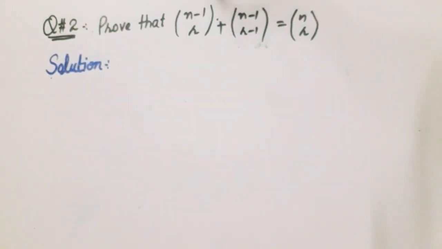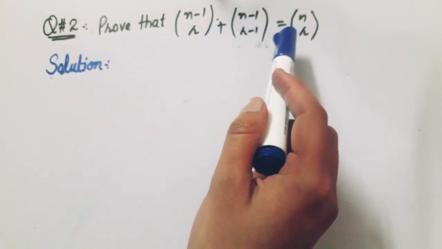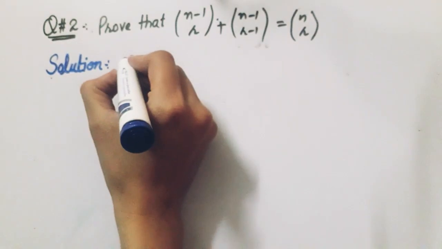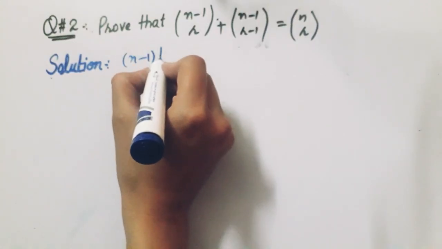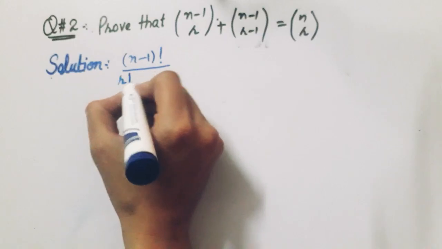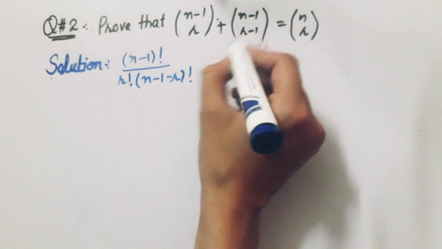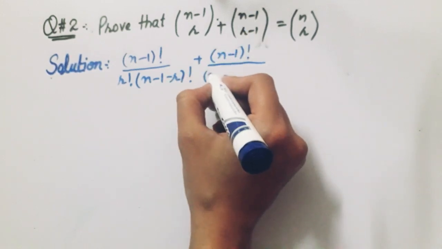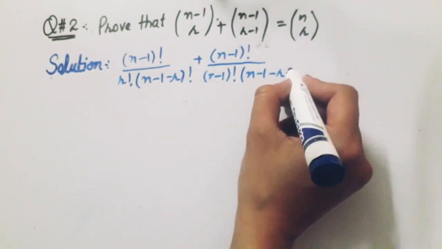Now question number 2 is prove that (n minus 1 choose r) plus (n minus 1 choose r minus 1) is equal to nCr. We will solve this by binomial coefficient, such that in the left hand side we have n minus 1 factorial by r factorial into n minus 1 minus r factorial, and plus n minus 1 factorial by r minus 1 factorial and n minus 1 minus r plus 1 factorial.